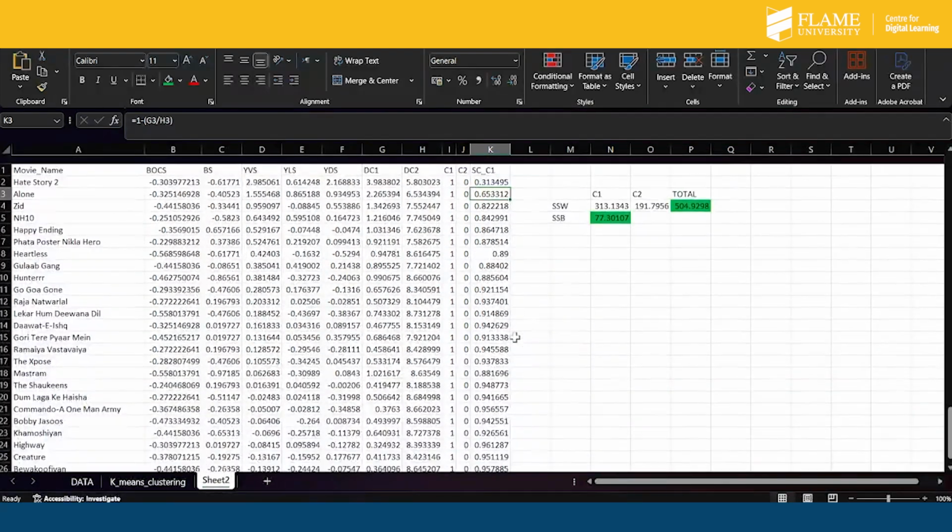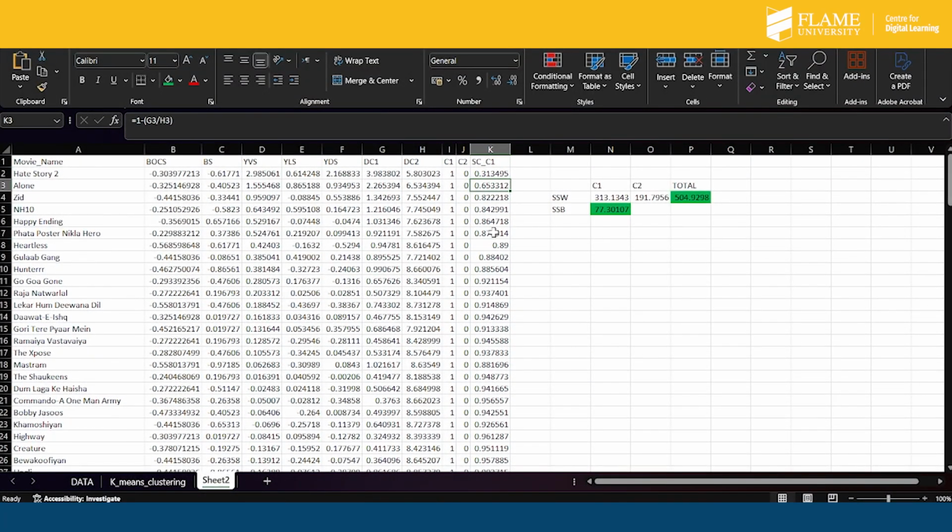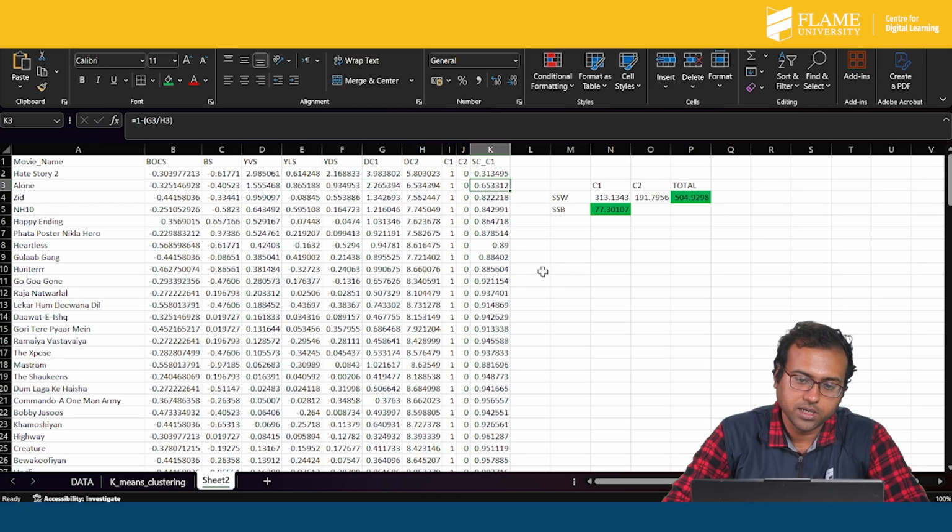So again, if I compare within cluster members, if I check Alone with NH10, NH10 has a higher silhouette score, so definitely it is nearer to its cluster in comparison to Alone. So this kind of analysis can be done with the help of silhouette score when you are doing within cluster member analysis.